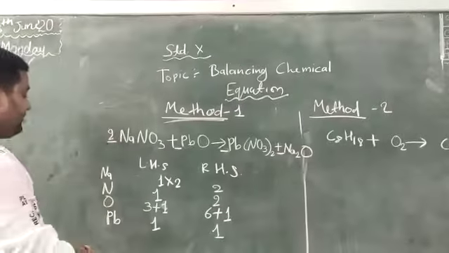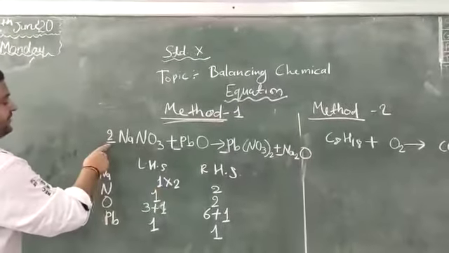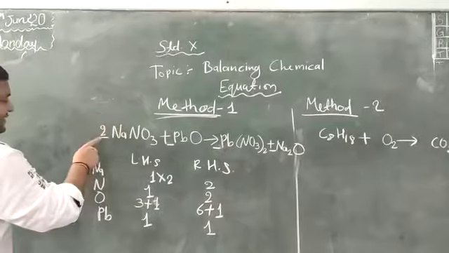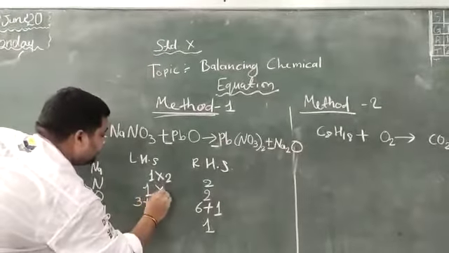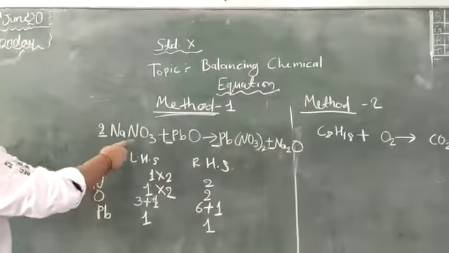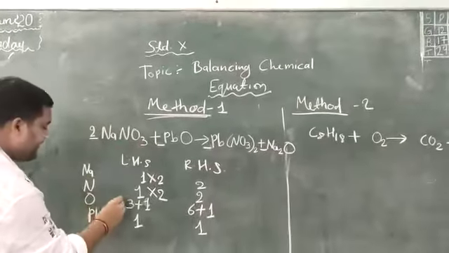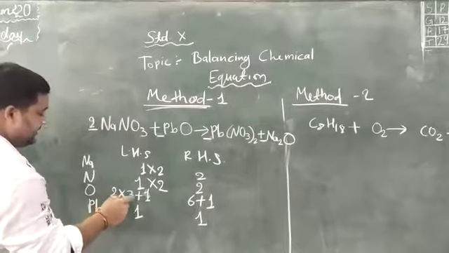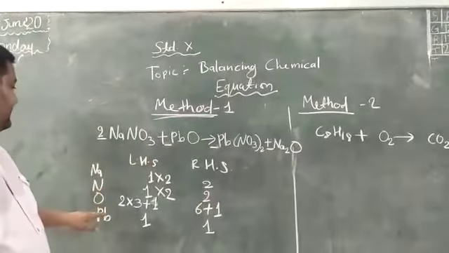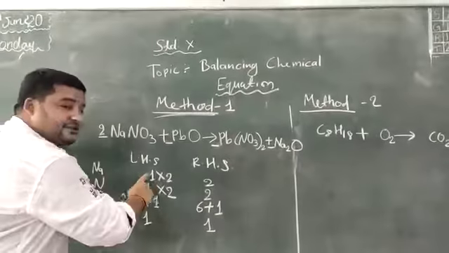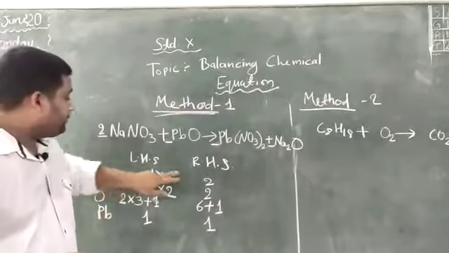So here when you multiply by 2, it means that 2 is multiplied to nitrogen as well as 2 is multiplied to oxygen. So where is nitrogen? Here, multiply by 2. And oxygen, 3 oxygen multiply by 2, so multiply by 2 here only, because plus 1 here. Okay. After that, now sodium is balanced on both sides, 2 sodium, 2 sodium.